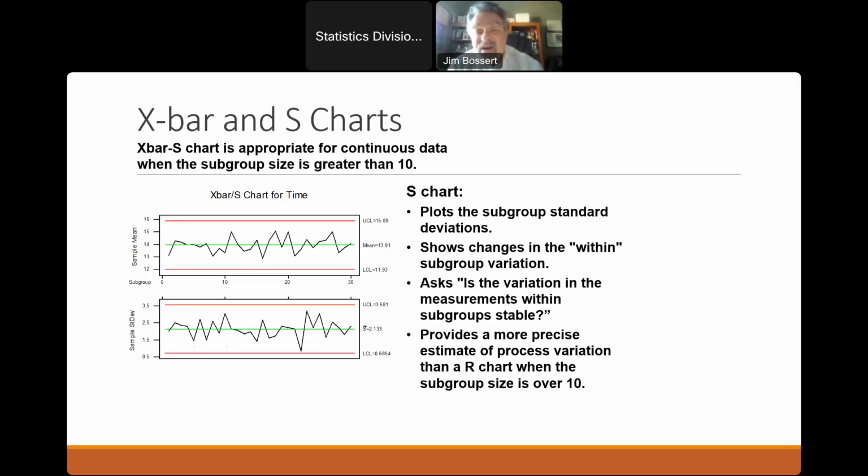It will give you a more precise estimate of variation, because you've got a large subgroup size and standard deviation tends to be, for lack of a better term, more stable than the range chart. As a result, your limits are going to be a little bit tighter around the mean, but they're also going to give you better estimates.